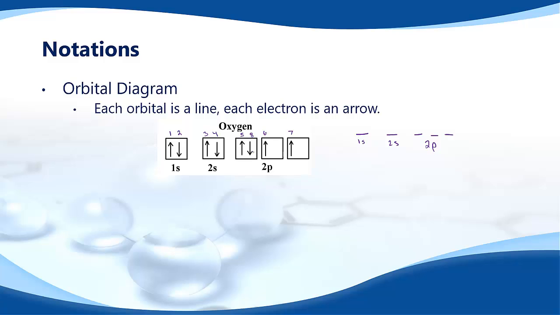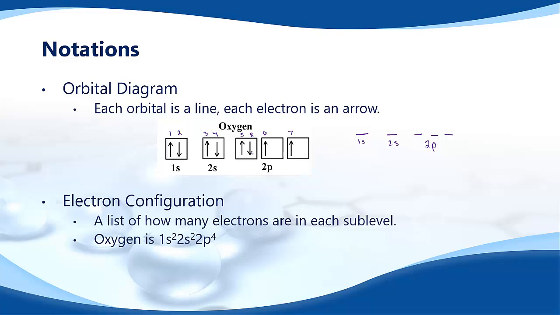The other notation is called electron configuration. We write each sublevel out and the number of electrons in that sublevel as an exponent. So here in this 1s orbital, or 1s sublevel, I have 2 electrons, 2 arrows. So I say 1s2. I have 2 arrows in the 2s, so 2s2.